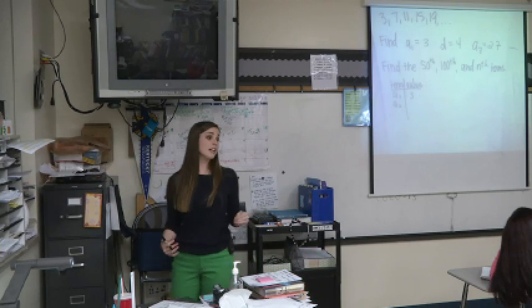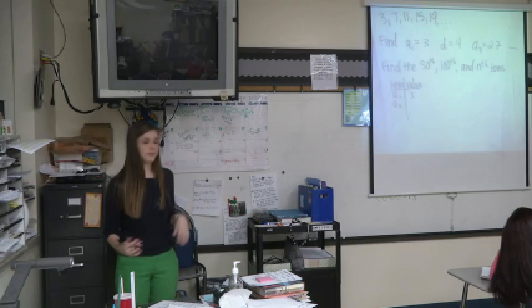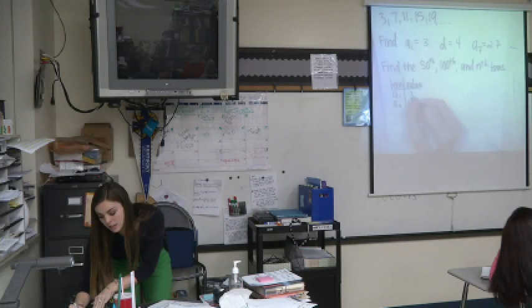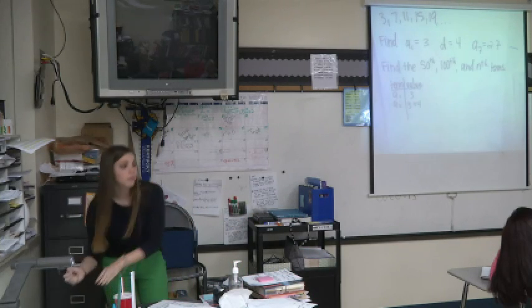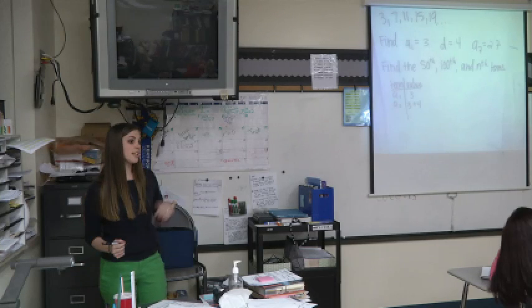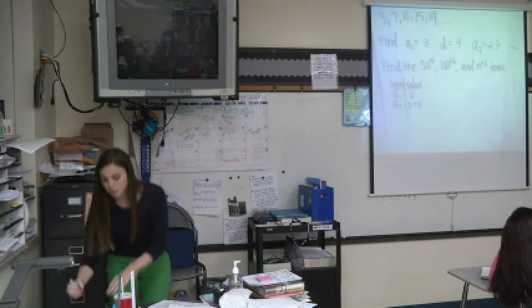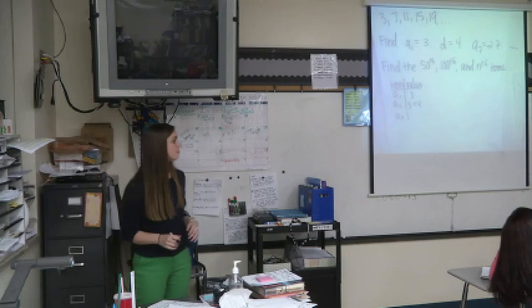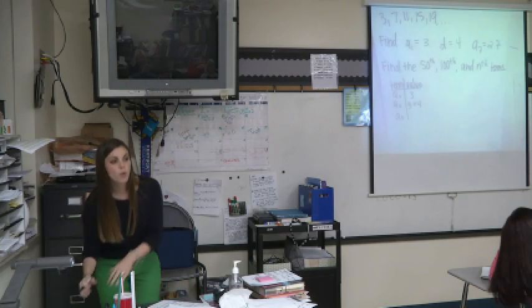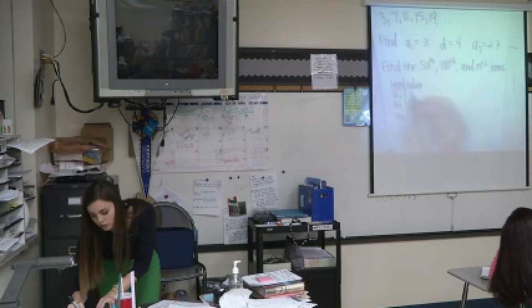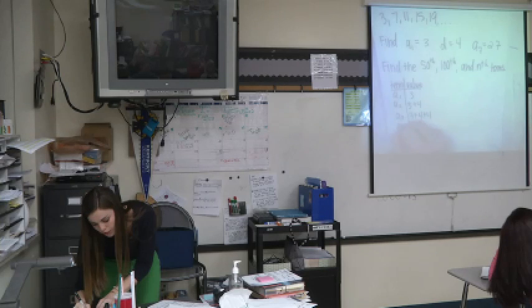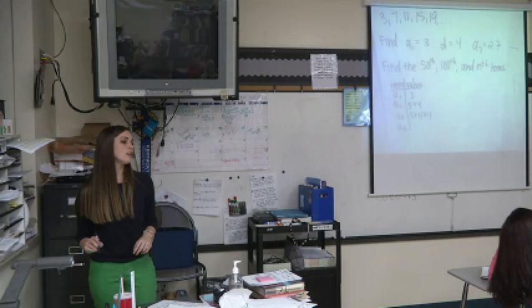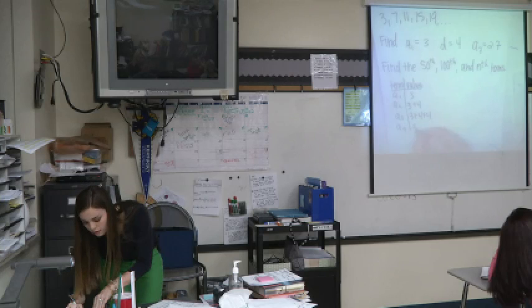I'm going to write it out like that for you to look at the pattern. So 3, our first term, plus 4. What's the next term? A sub 3. How did I get there from the second term? 7 plus 4. I'm going to write it all out, though. 3 plus 4 plus 4. One more for good measure. A sub 4.